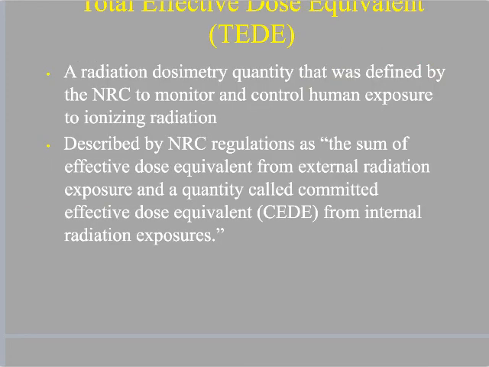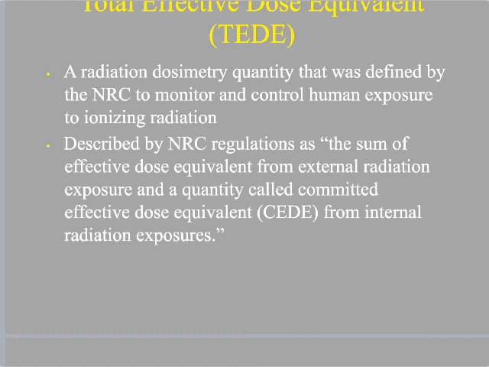The final unit that's going to be helpful for us is the TEDE, or the total effective dose equivalent. This is used in radiation dosimetry, and it's defined by the Nuclear Regulatory Commission to monitor and control human exposures.